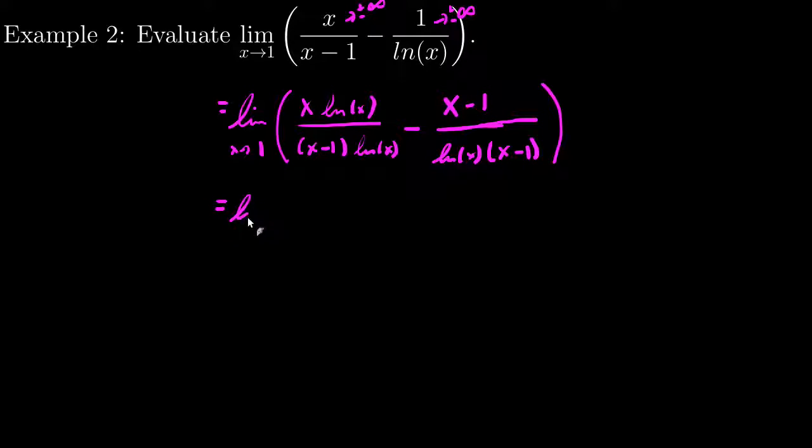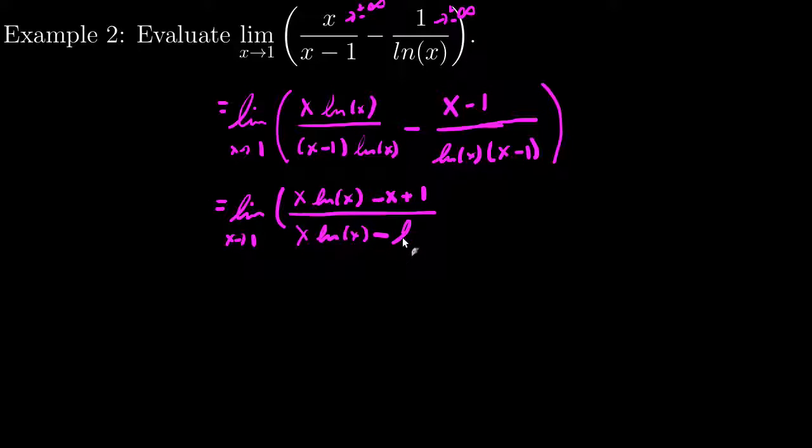So I have the limit as x approaches 1 of x natural log of x minus x plus 1 divided by x natural log of x minus natural log of x.